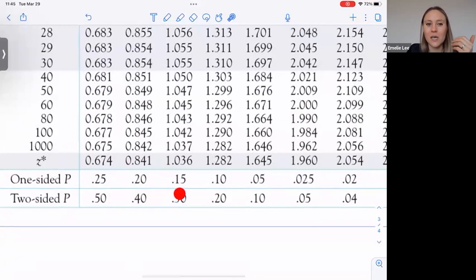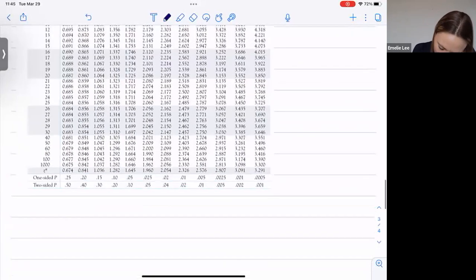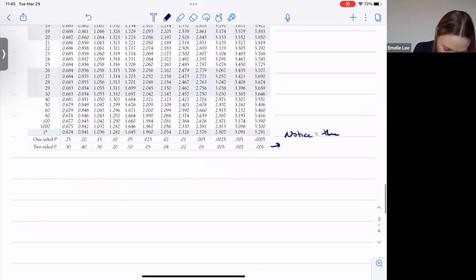It's not that crazy, but when you're working through problems and you don't want to forget to multiply by 2, I find it's a lot easier if they're both here in the same table so that you don't make any mistakes. But notice it's just the one-sided p multiplied by 2. So that's the first thing that I want to point out here.